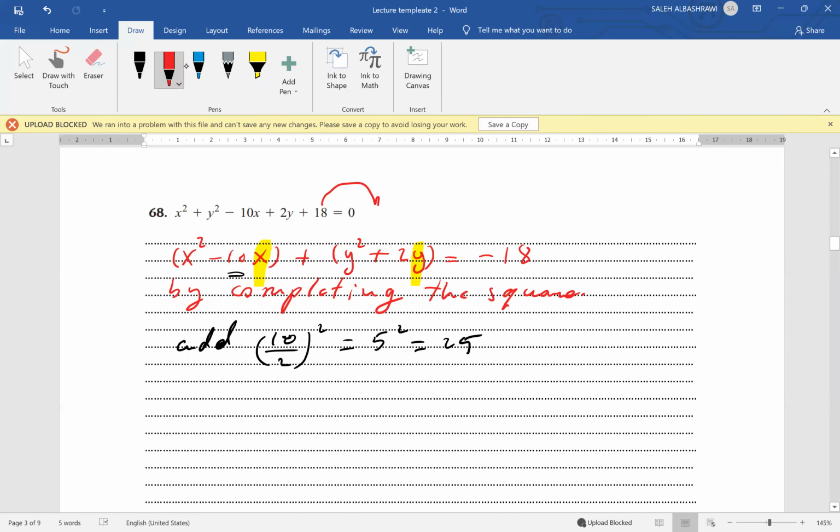So we have x squared minus 10x plus y squared plus 2y equal to minus 18. For x, we said that we are going to add 25, so this is plus 25.